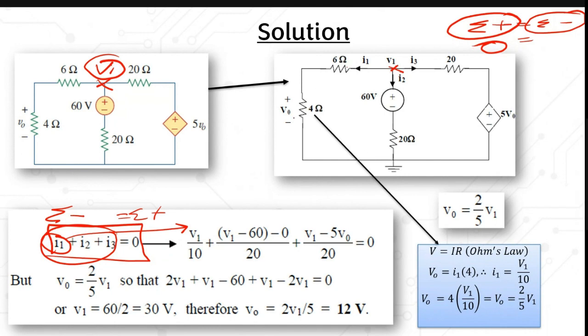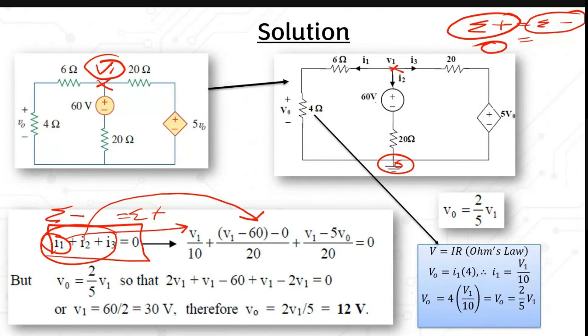Then for I2, following these directions, it is V1 minus 60 over 20. Then for another current, I3, it is V1 minus 5 V node over 20. Minus 0 because this is your reference node.